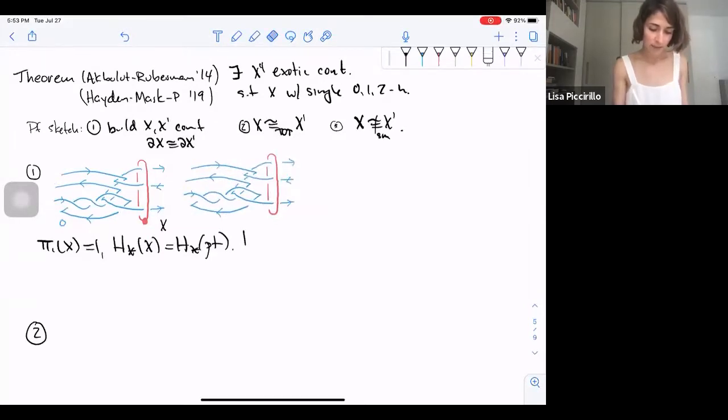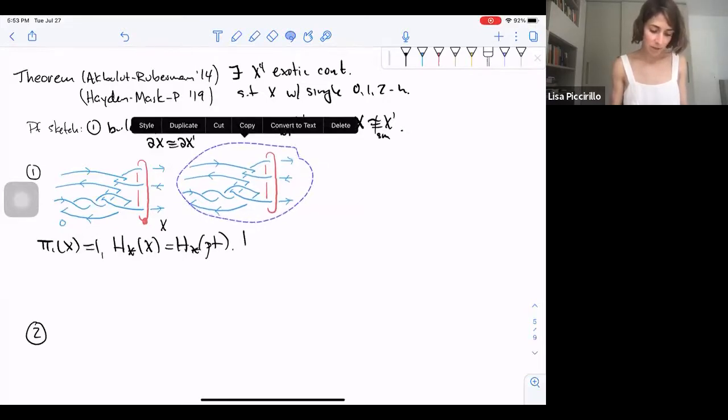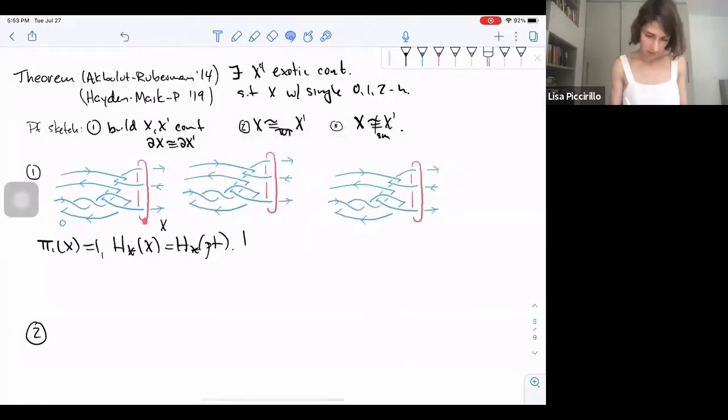It's this little sleight of hand where the boundary can't tell whether you attached a 1-handle with dotted circle notation or attached a 2-handle with 0 framing. So we'd like to act like this 2-handle was actually a 1-handle, but we can only do that if this 2-handle is an unknot. So we have to check that.